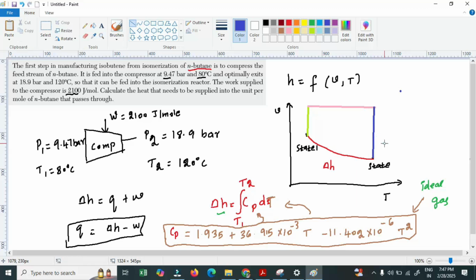Now further, let me take only this figure.